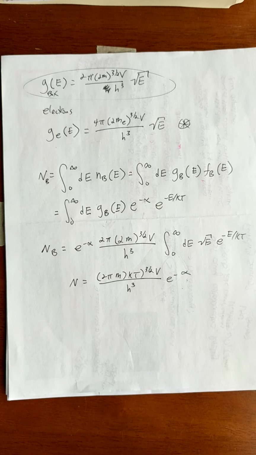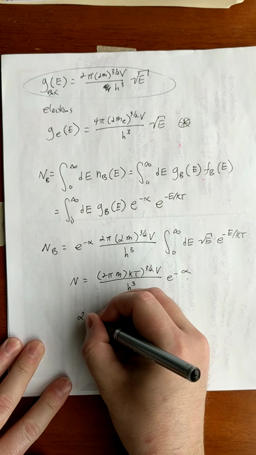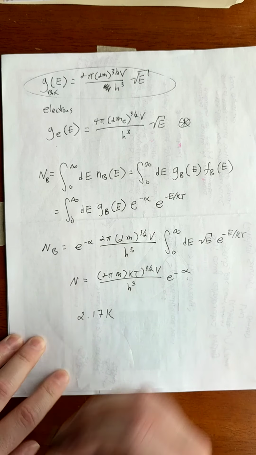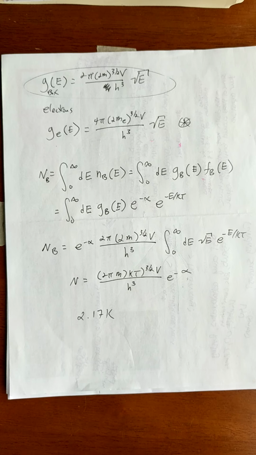So in the 1920s, people observed that the behavior of helium gas changed dramatically when it was cooled down to 2.17 degrees Kelvin. Okay? So we can look at our calculation from before, a few pages back.